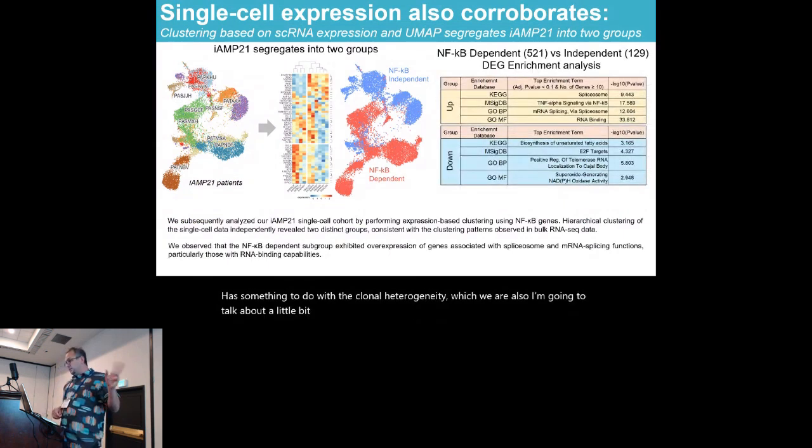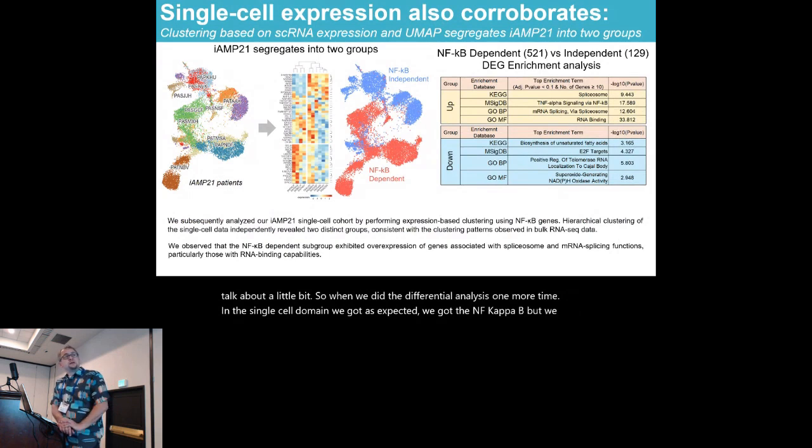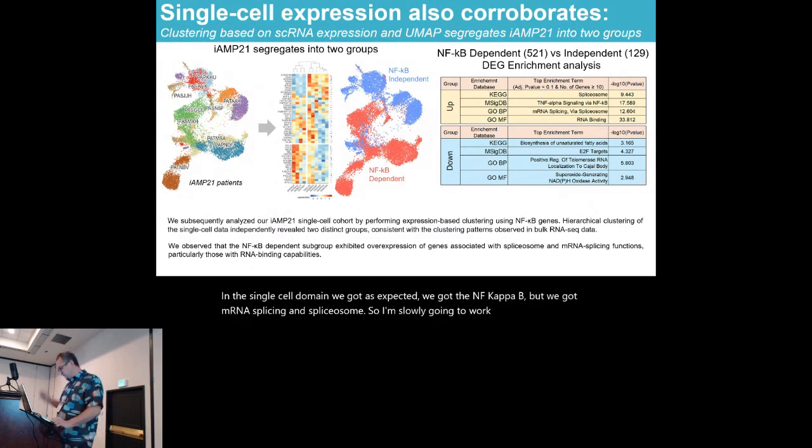So when we did the differential analysis one more time in the single cell domain, we got, as expected, NF-kappa B, but we also got mRNA splicing and spliceosome. So I'm slowly going through this, like isoform, if you see where we are going, right?